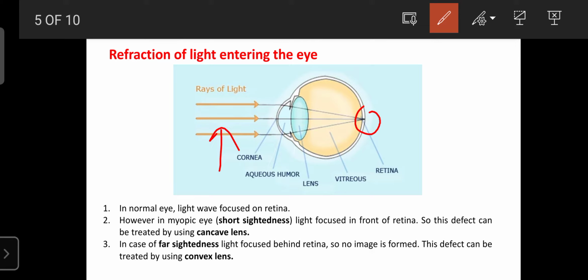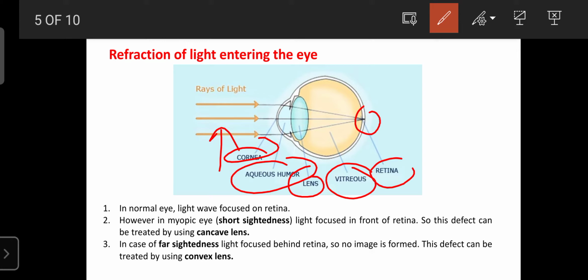So here the parallel waves of light pass through the cornea as well as the aqueous humor, then the lens, then the vitreous fluid or humor, and then they fall on the retina.